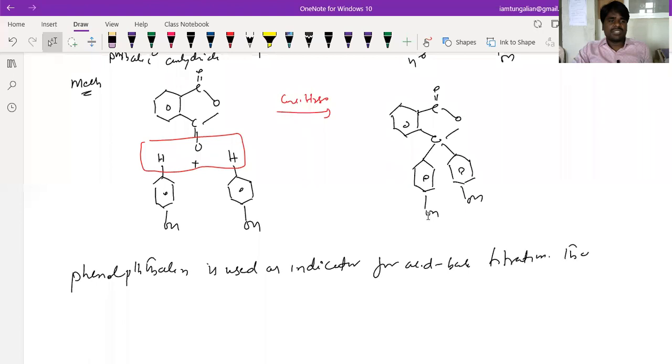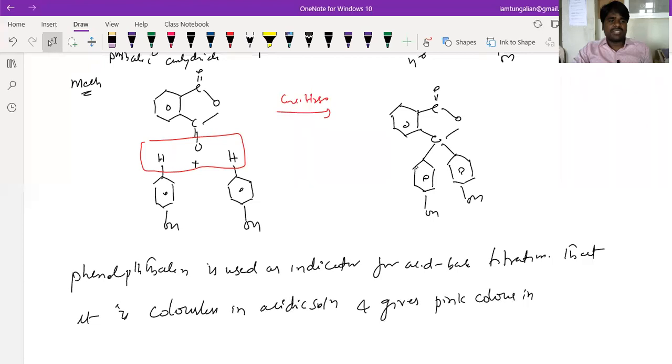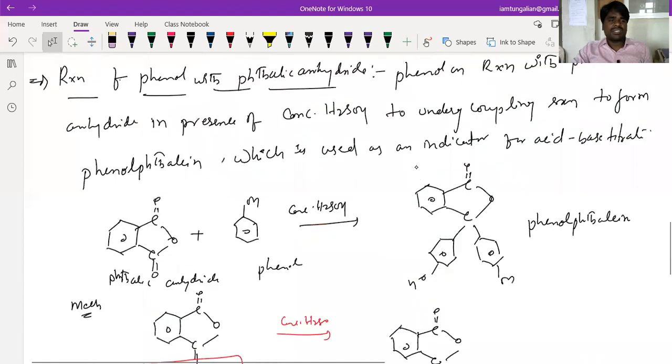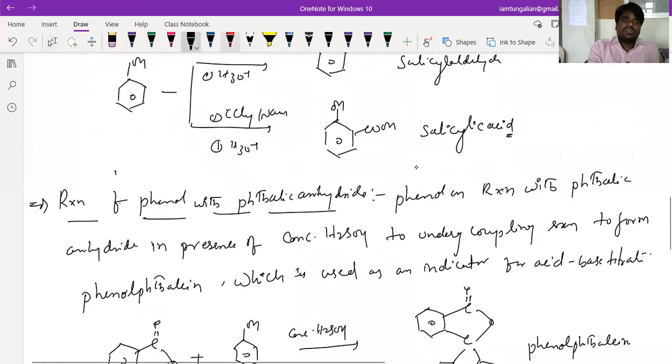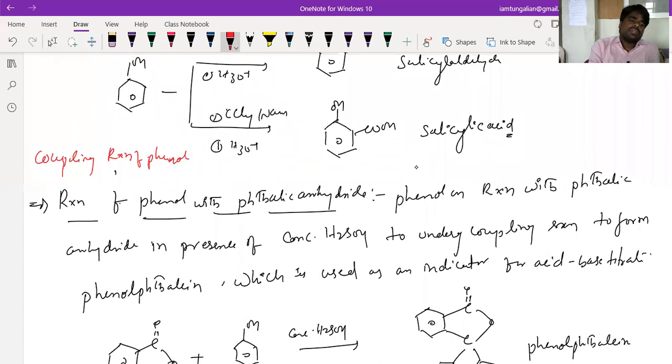It is colorless in acidic solution and gives a pink solution in alkaline solution. So this is another important reaction, called coupling reaction of phenol. This is your first reaction.